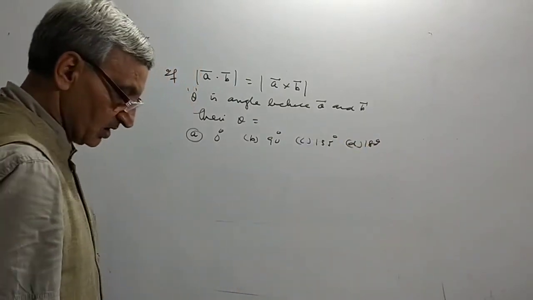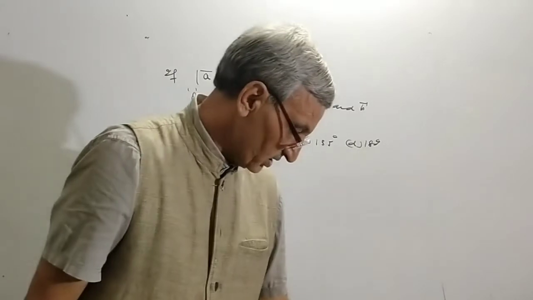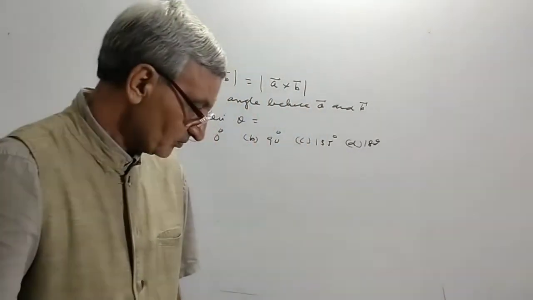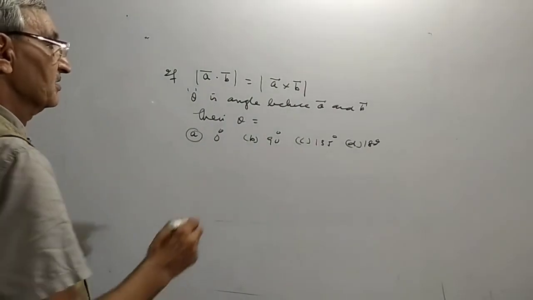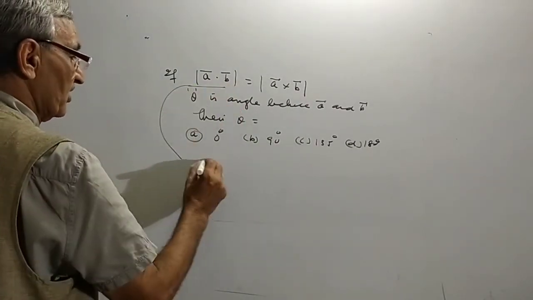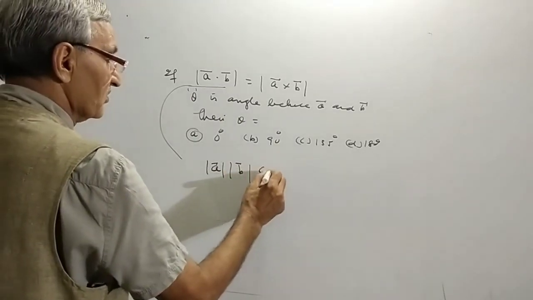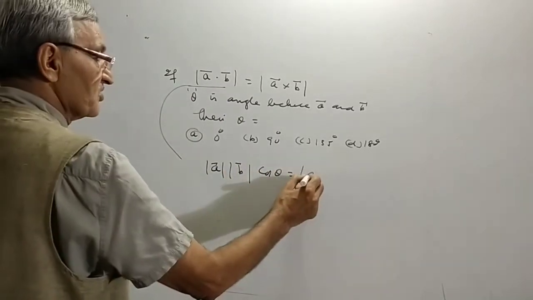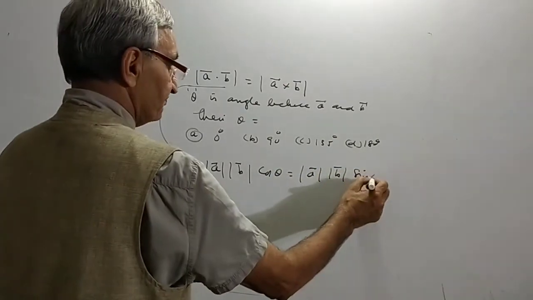This question was asked in the NDA examination once. Friends, A dot B is equal to magnitude of A, magnitude of B into cos theta. A cross B is equal to magnitude of A, magnitude of B into sin theta.